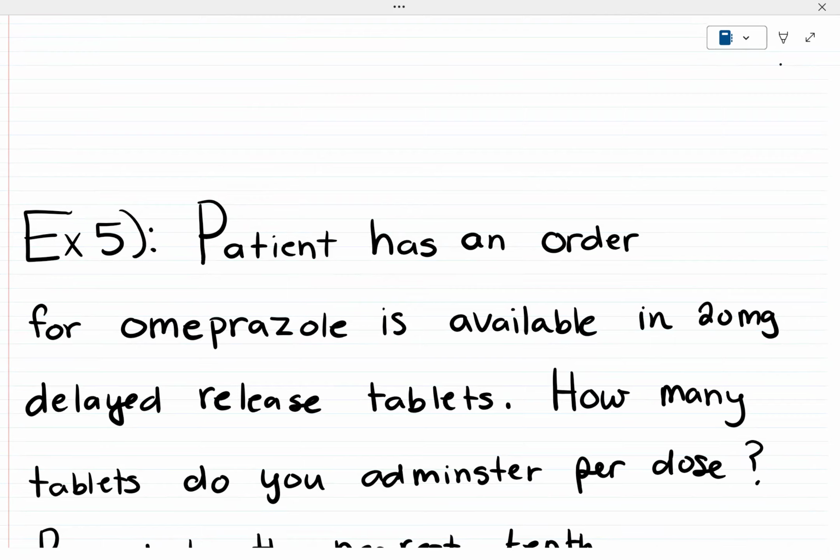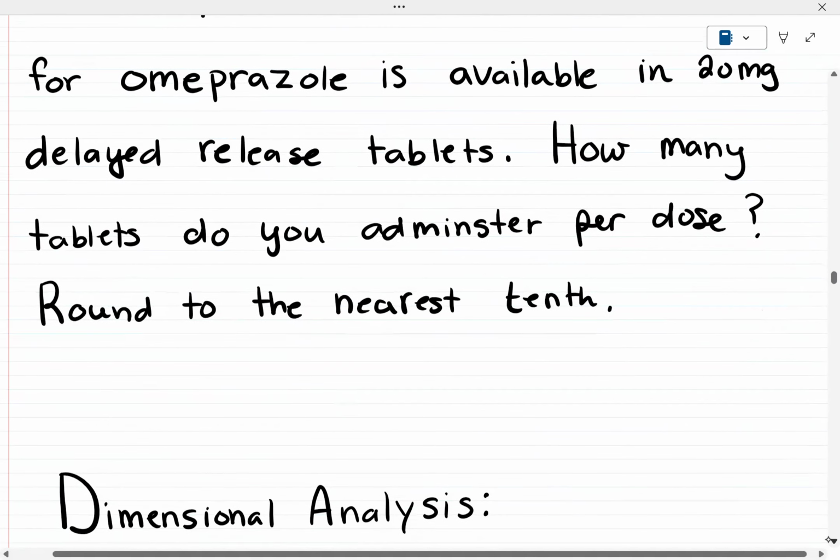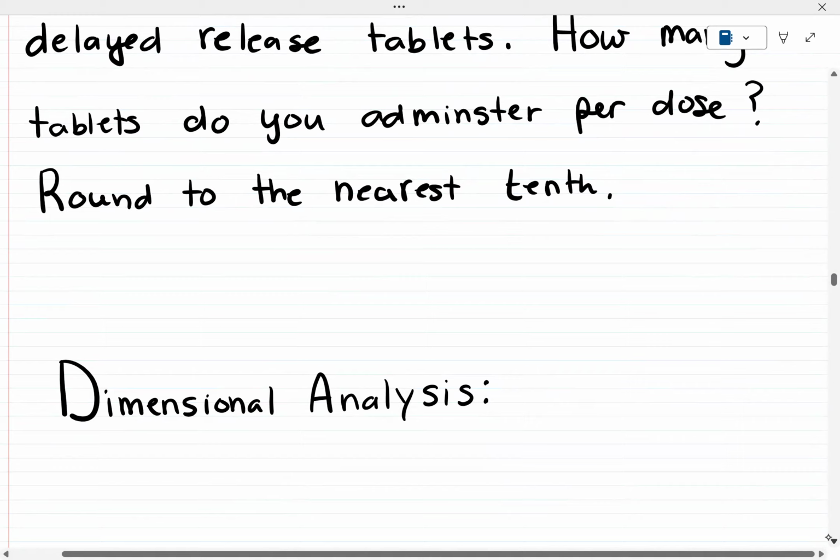So we were given 20 mg, and our availability is for 1 tablet is 20 milligrams. So your order was 40 milligrams, and our availability is 20 milligrams per tablet.